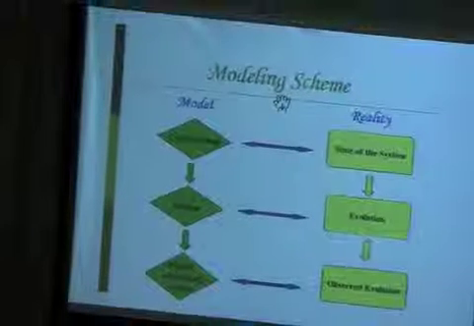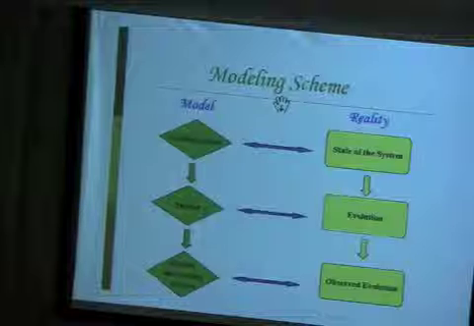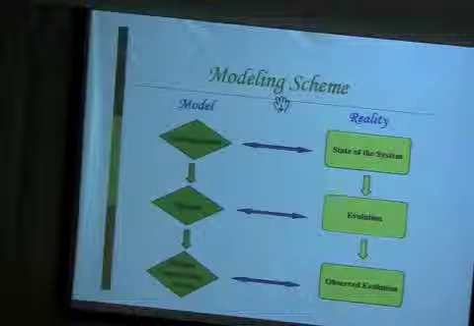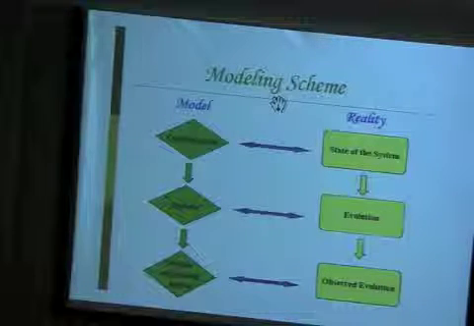So, in my opinion, you need to keep always in mind that you have two different worlds, reality and the model. And the configuration is a model of the state of the system. So, for instance, if you have your body, the state of the system is something real.